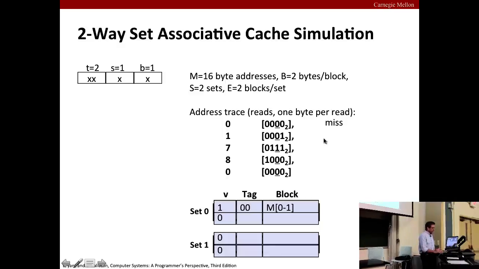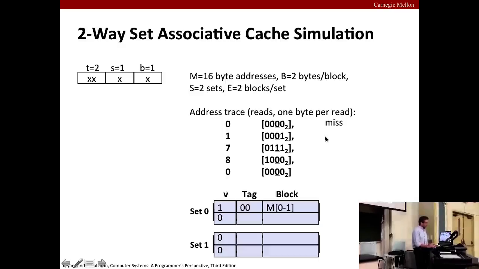The reference to address 1 is in set 0, and that's a hit because that byte is in our block. The reference to 7 is a miss. That's in set 1, so we load that. We just randomly pick one of these to overwrite because the cache is empty.